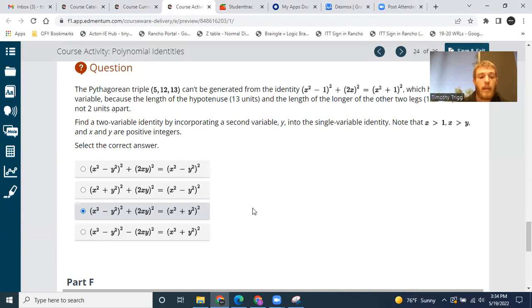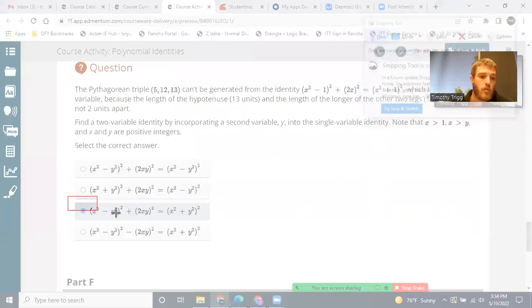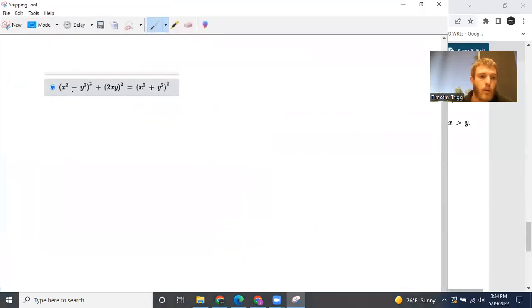Now, you can show that this is true the same way we had done before. So what I would do is show that this squared plus this squared does in fact give me that squared. So I would do x squared minus y squared, squared. So x squared minus y squared again. Multiply them together. When you multiply this out, it gives me x to the 4th minus x squared y squared, minus another x squared y squared, and then plus y to the 4th.